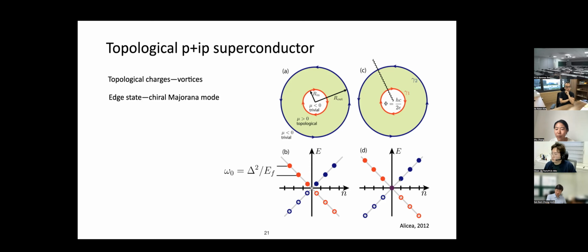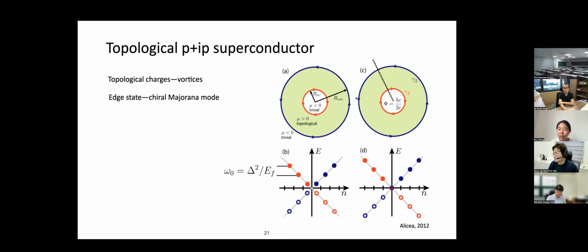So the discrete states on this dispersion are shifted, and we get an exactly degenerate Majorana zero mode. And because the energy level difference omega zero between these discrete states is very small, because typically the Fermi energy E sub F here is very large.